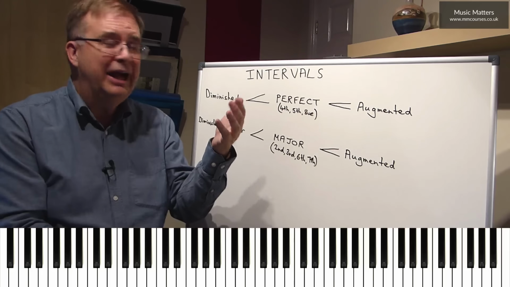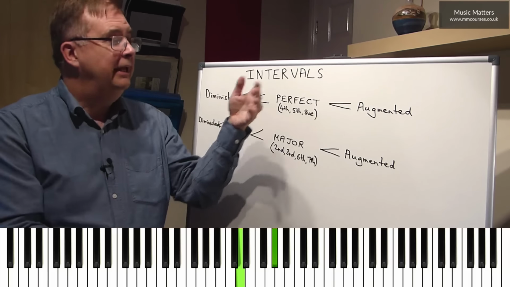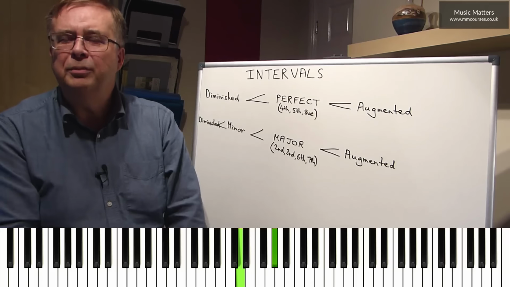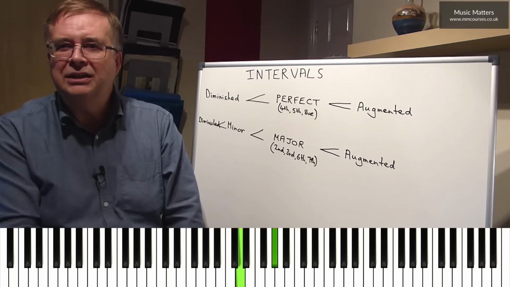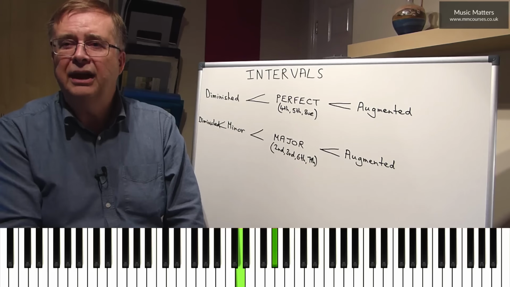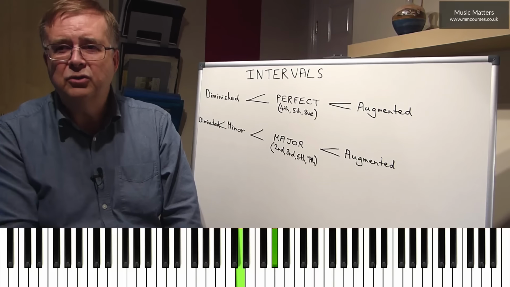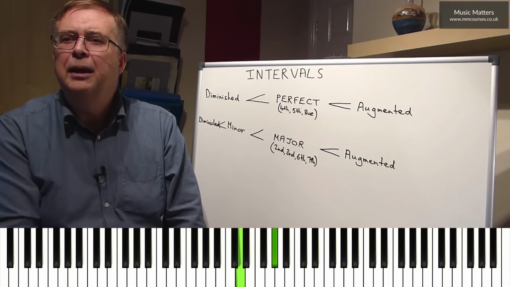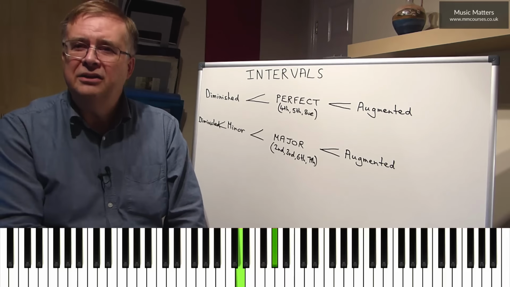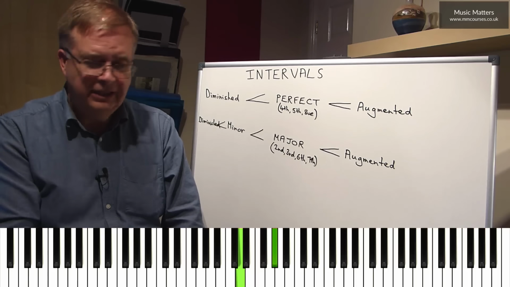So if it's D to A flat, it's a diminished 5th. If it's D to G sharp, it's an augmented 4th. Same sound, but theoretically called by a different name. And this sort of stuff causes great confusion to people trying to get to grips with reading intervals. But I hope you're beginning to see that there's some sense in what I'm saying here.